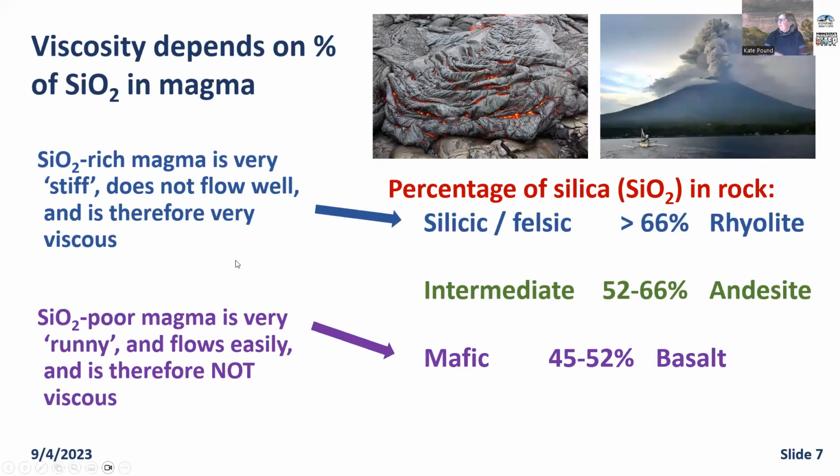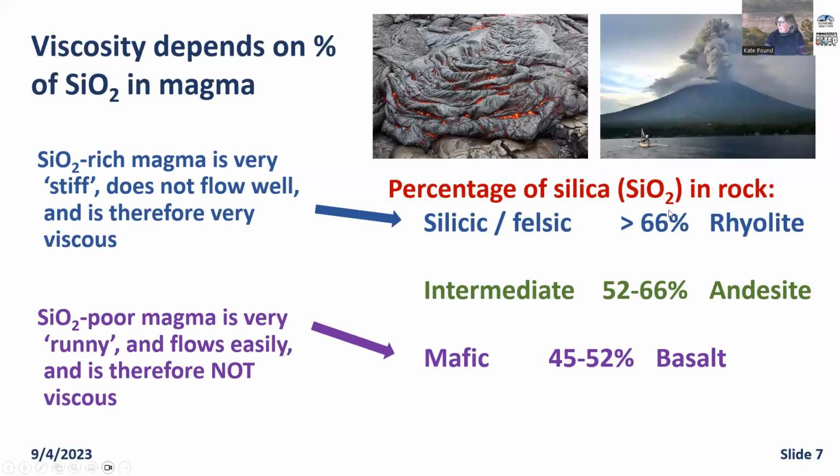So let's look at this. A silica-rich magma is very stiff and it does not flow well. Therefore, it is very viscous. And so that is your silicic or felsic magmas. And they usually have more than 66% silica, and that would be a rhyolite.